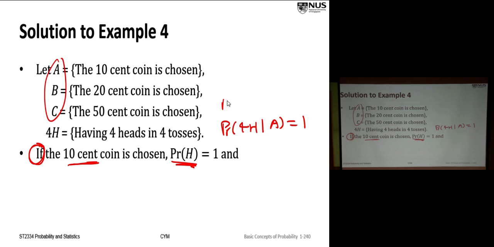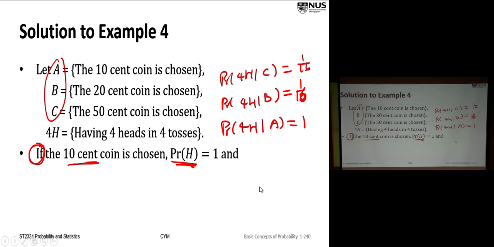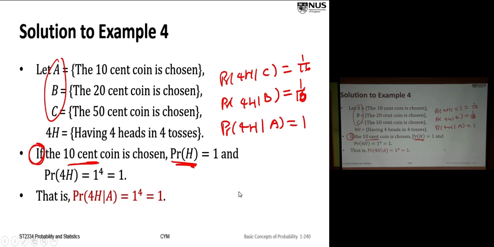While the probability of 4 heads, given that it is a 20-cent coin, is 1/2 times 1/2 times 1/2 times 1/2, so it is 1 over 16. Similarly, the probability of 4 heads, given that it is C, is also 1 over 16.